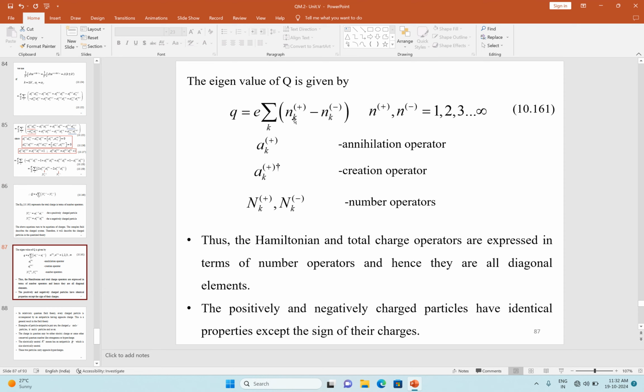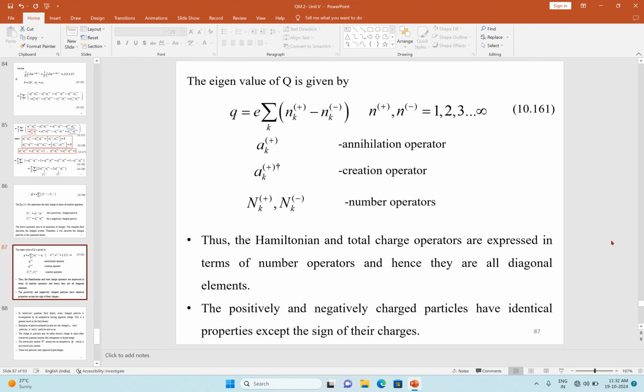So you can find the eigenvalue of Q, which is given as equation 10.161, n plus minus n minus, where n plus and n minus both go with 1, 2, 3 up to infinity. And of course, a plus is nothing but the annihilation operator, and a plus dagger is nothing but the creation operator, and n plus and n minus are number operators. This is for the positively charged particle and this is for the negatively charged particle.